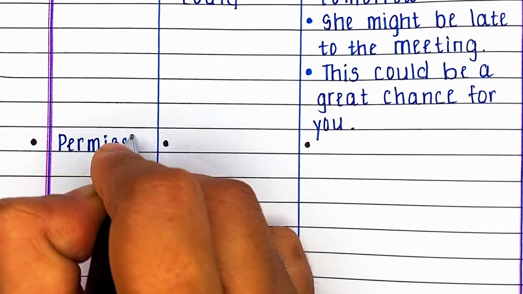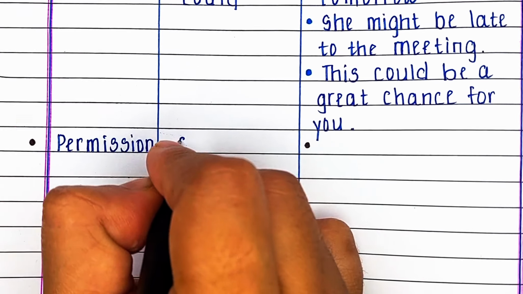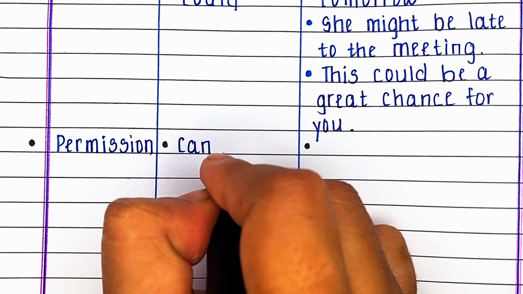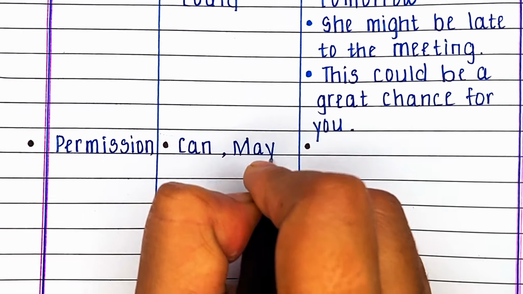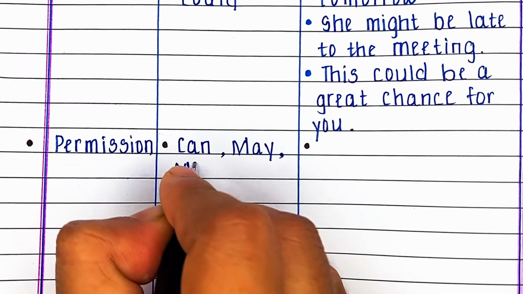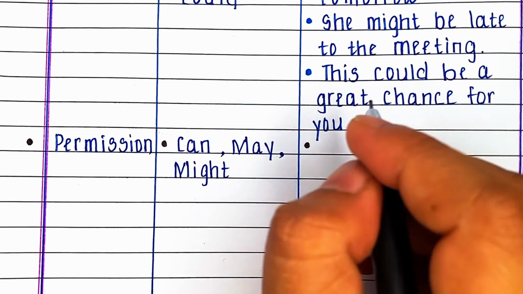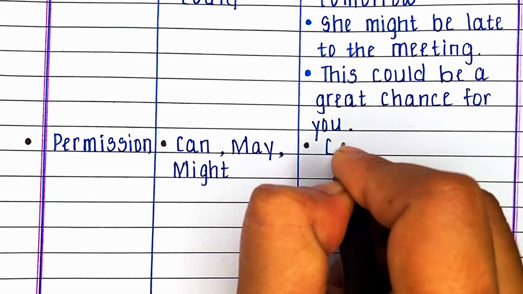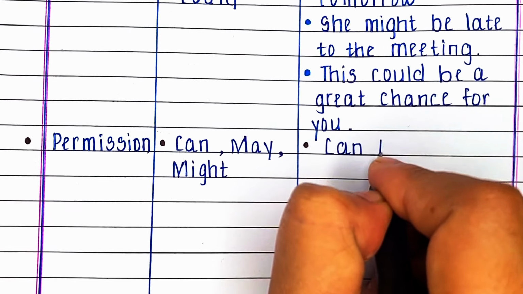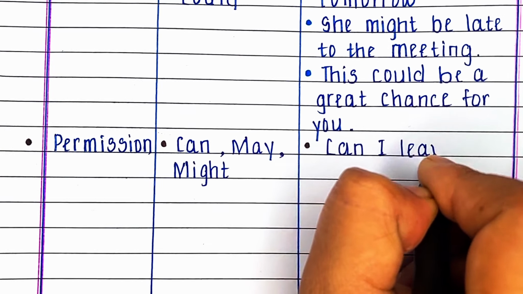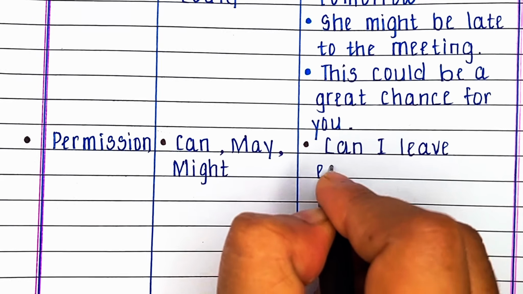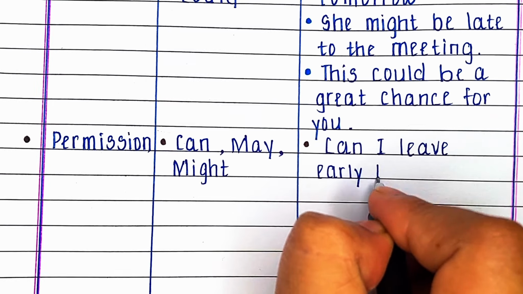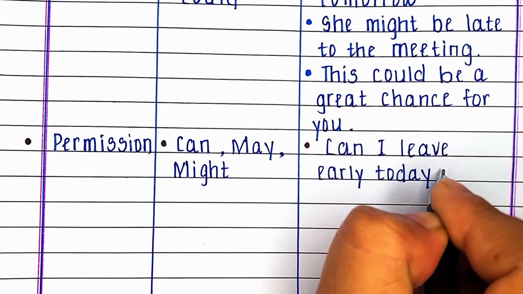Next function is permission. The modal verbs can be can, may and might. First, let's go with can. Example is, can I leave early today?